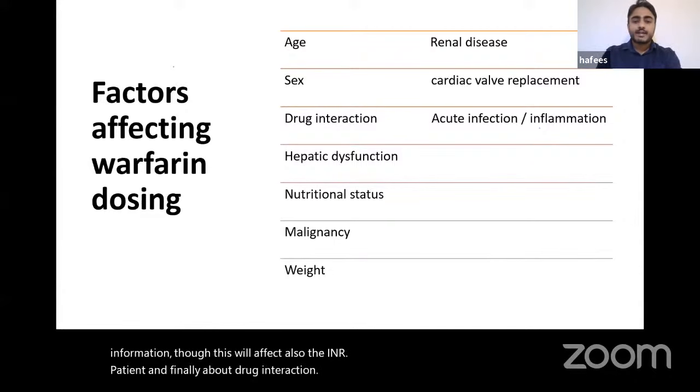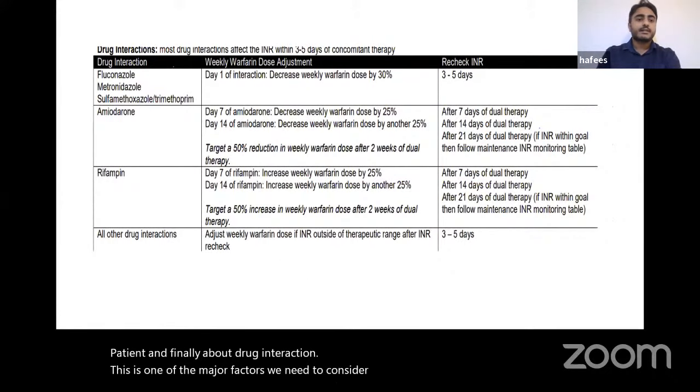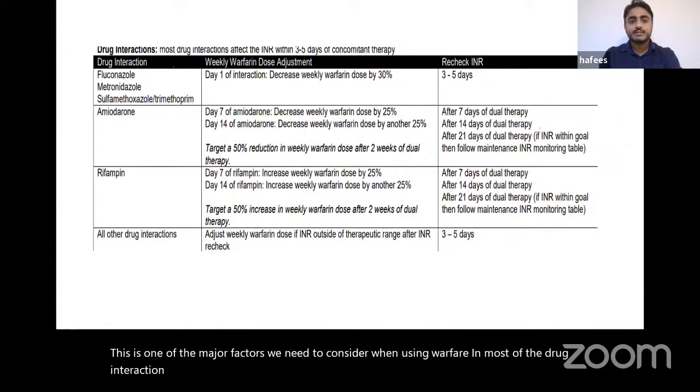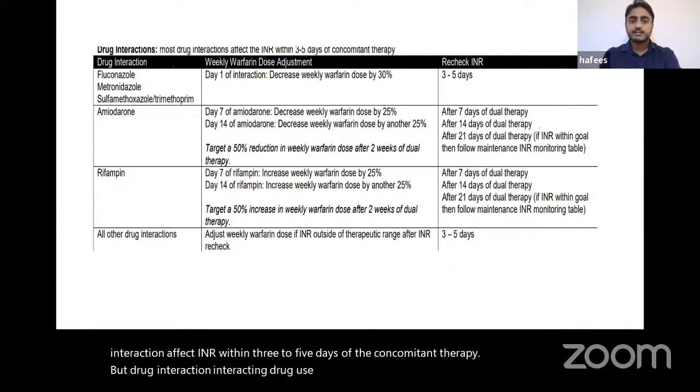This is one of the major factors we need to consider while using warfarin. Most drug interactions affect INR within 3 to 5 days of the concomitant therapy. So with an interacting drug, the INR result changes within 3 to 5 days.